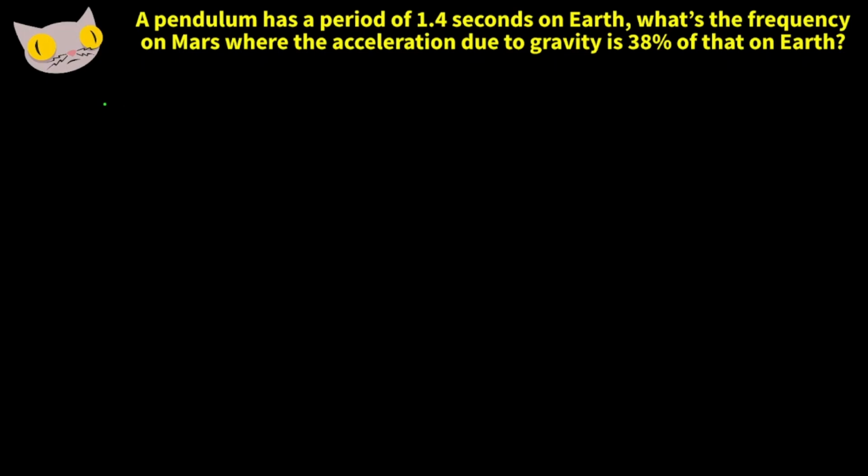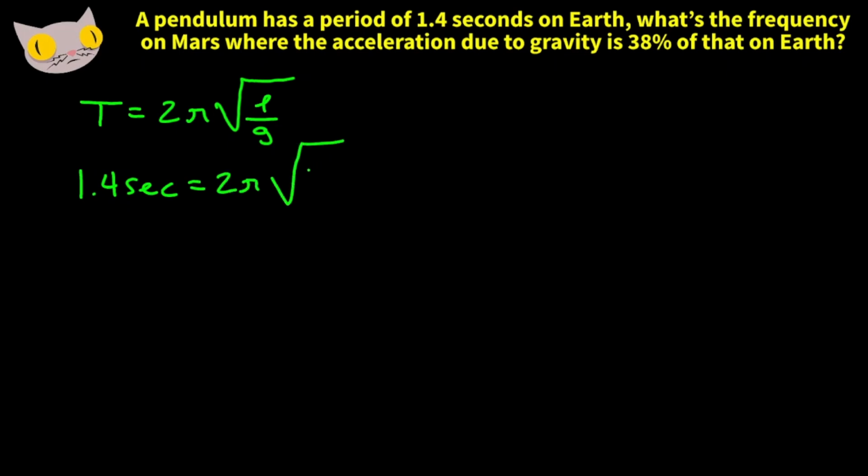So on Earth, well, let's see. Let's use this equation. T is equal to 2 pi times the square root of length over acceleration due to gravity. So we know the period is 1.4 seconds equals 2 pi times square root length over 9.81 meters per second squared.